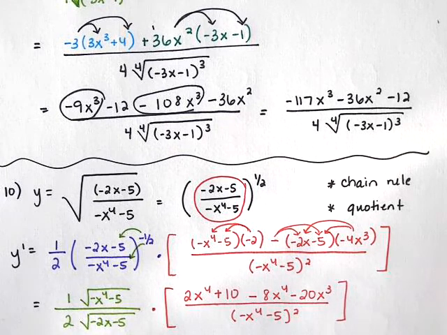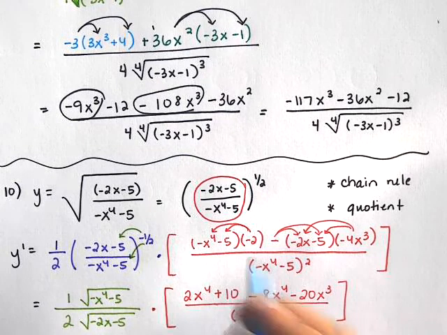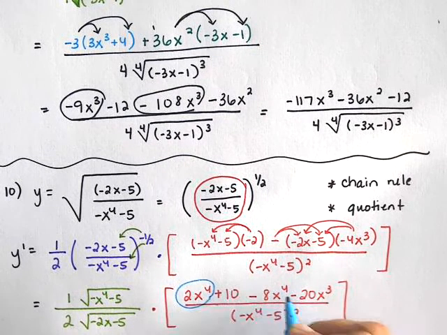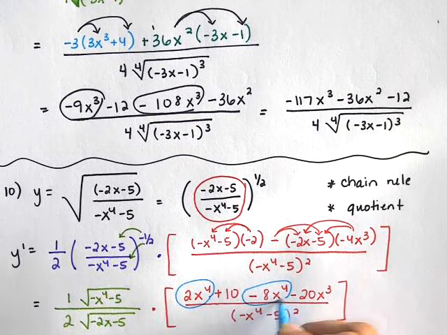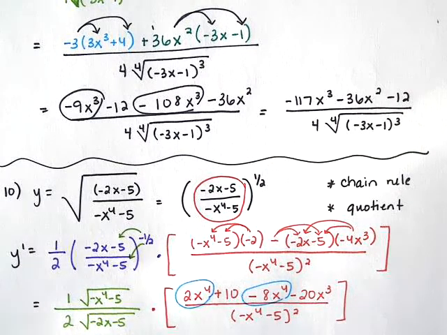Now I'm going to simplify. So in the numerator here, I've got this guy and I've got this guy that can be combined, which means this green part doesn't change. I'm not going to write the 1 because I don't feel that it's really necessary.